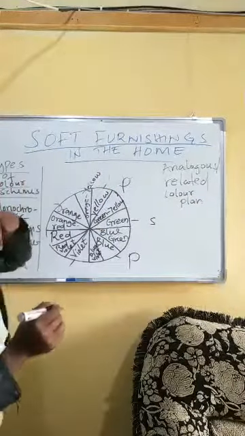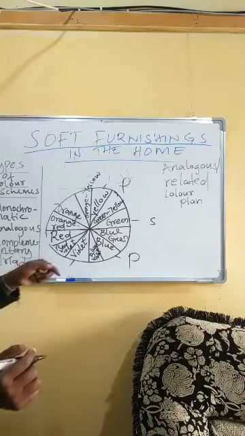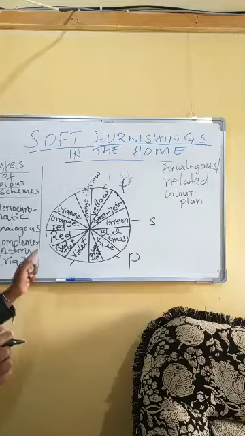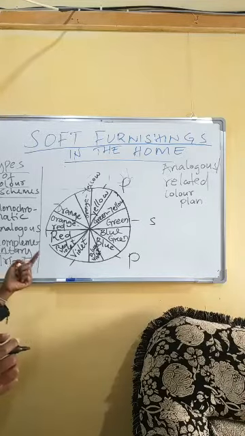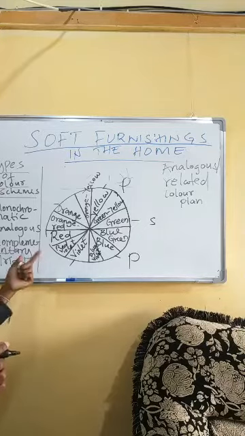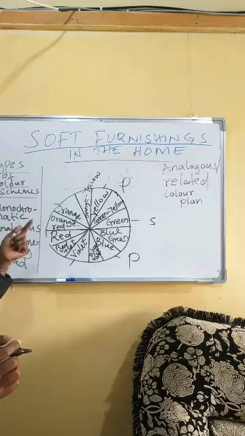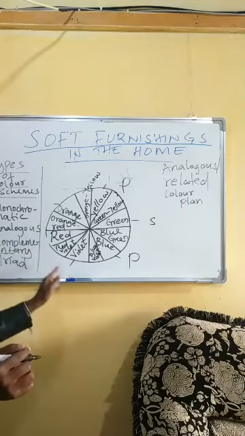In the analogous color scheme, you choose to use colors that lie next to each other on the color wheel. They could be two or three, depending on what you want to use. So you tend to use colors that are next to each other on the color wheel.